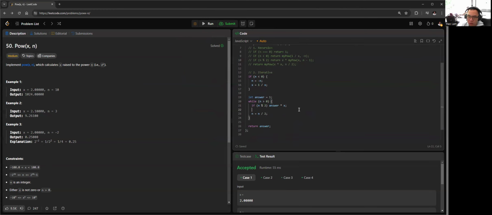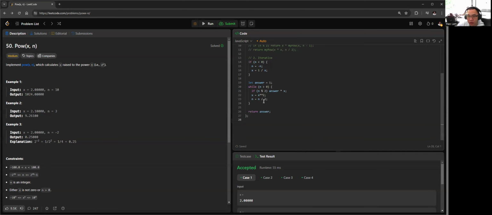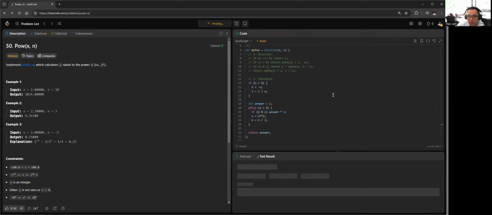And then we also want to square x. Every time we divide the power by half, we want to square x.